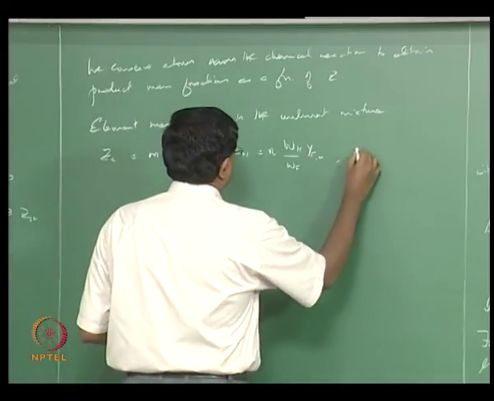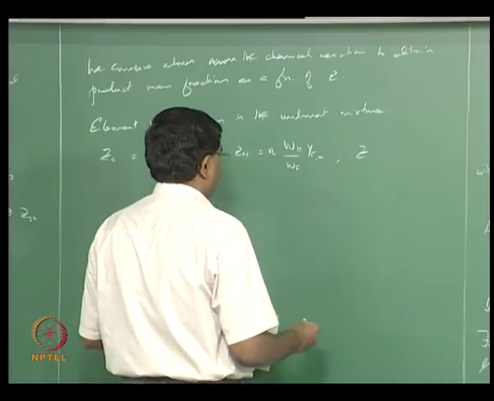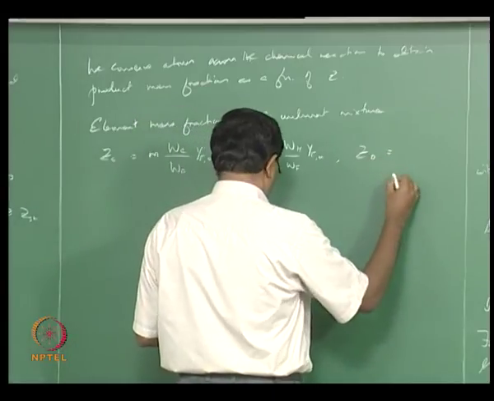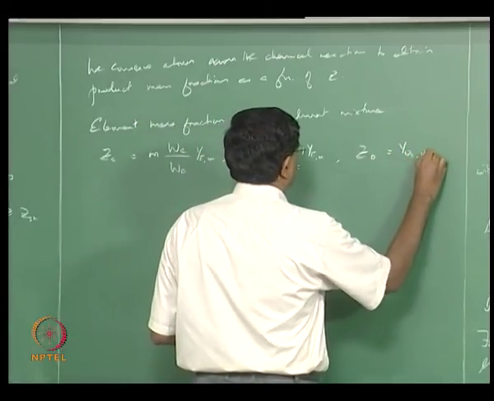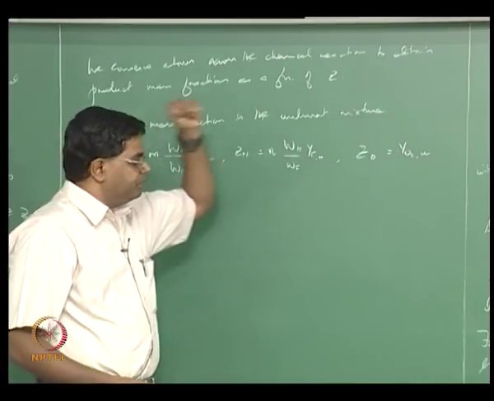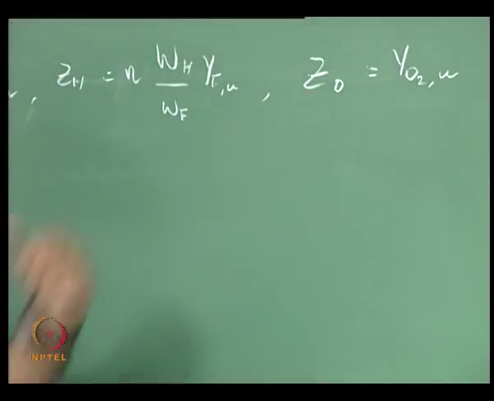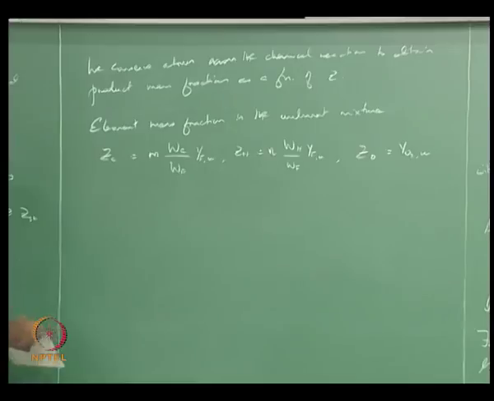For the oxygen, it's mainly coming from the oxidizer stream, so we might as well just write ZO equal to YO2U. Whatever is the mass fraction of the oxygen in the oxidizer stream unburnt is the ZO.